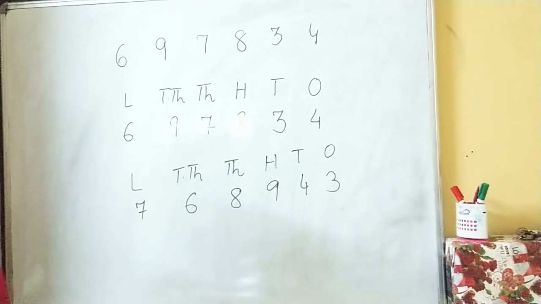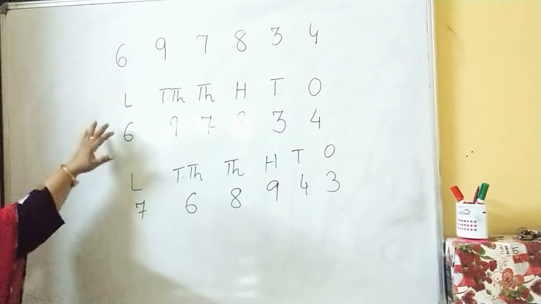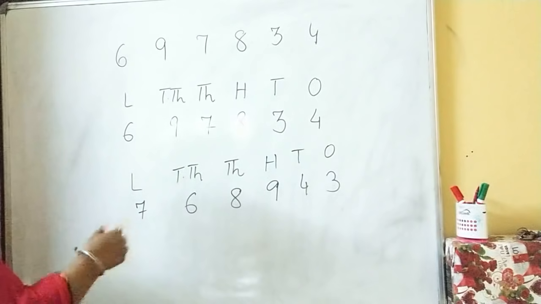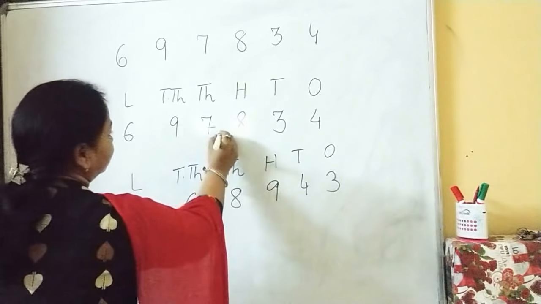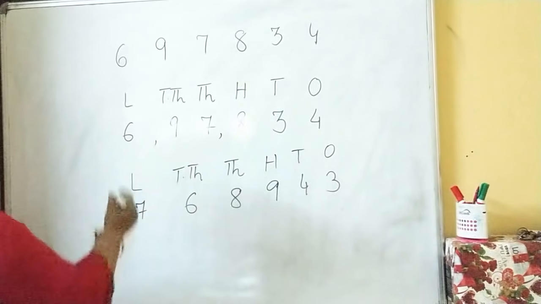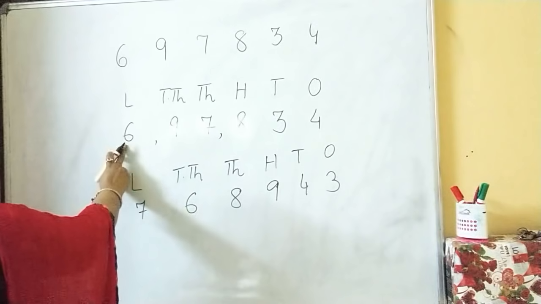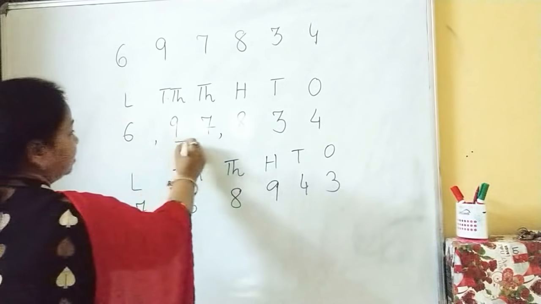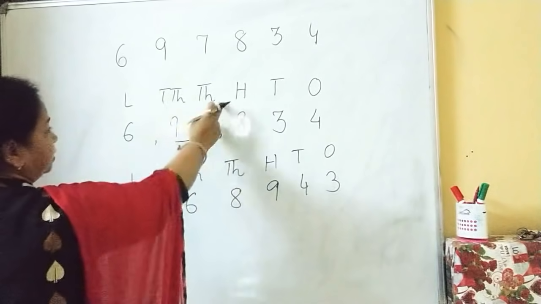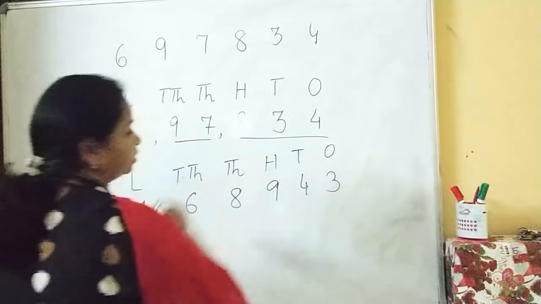Okay. So as you see, before the musical chair, let us read out the number. 6 was at lakhs place, so we read this number as 6,97,834.